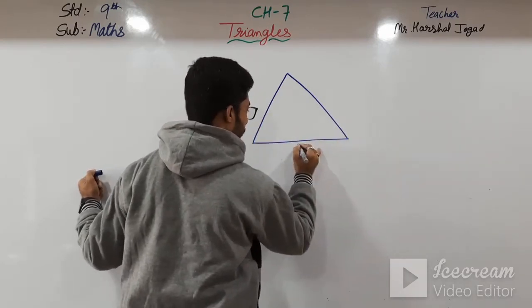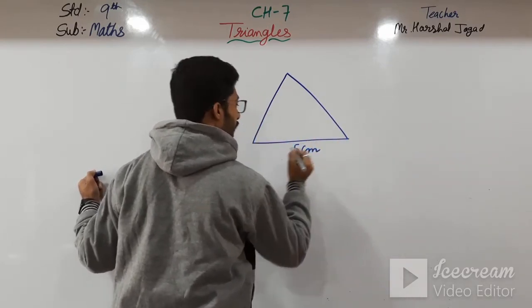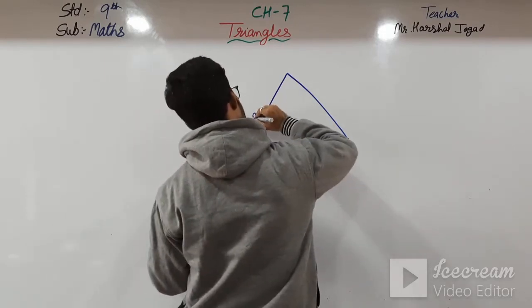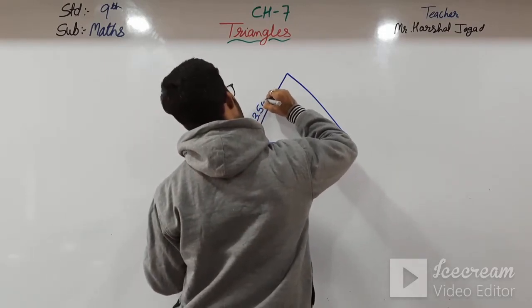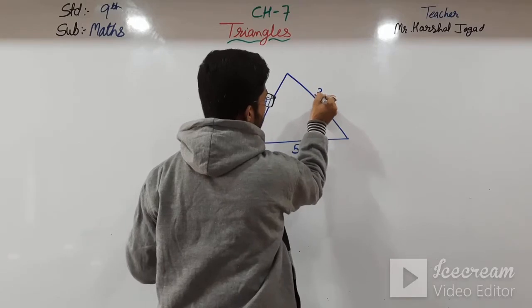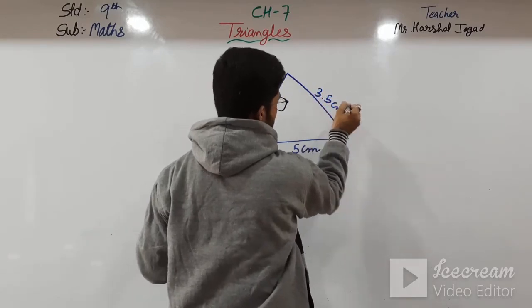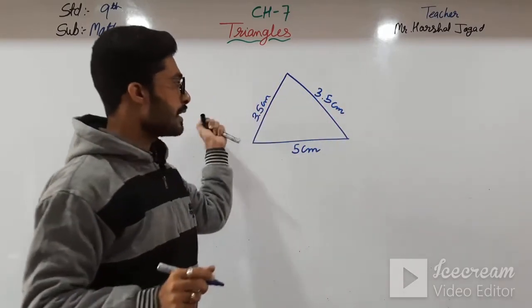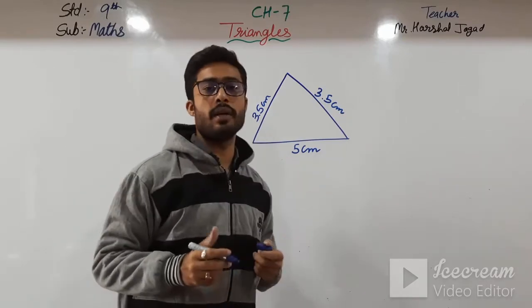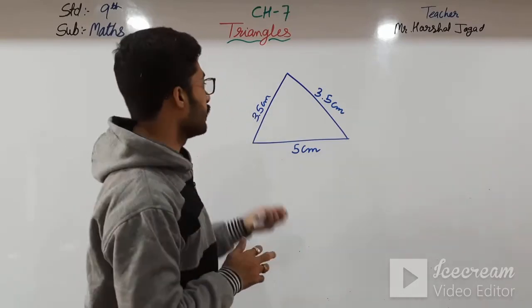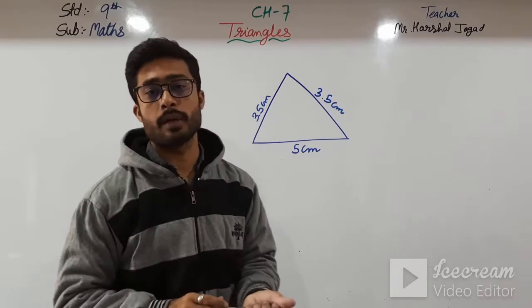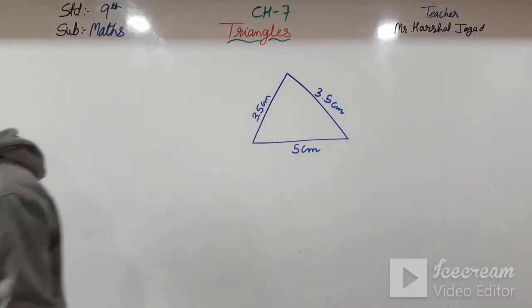This is 5 centimeters, and this is 3.5, and this is also 3.5 centimeters. These two sides are the same, this is equal to 5 centimeters, and these both are 3.5 centimeters. Okay, we have drawn this.